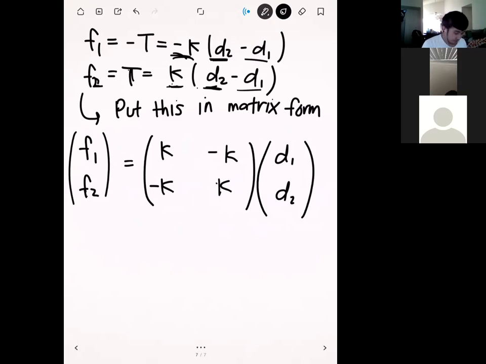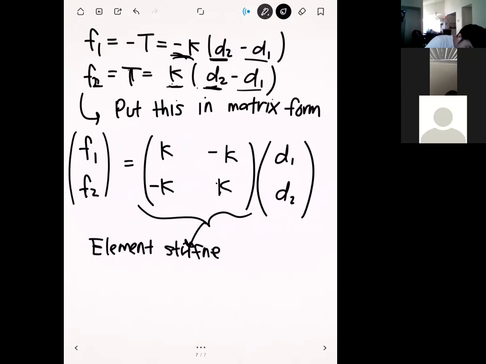Right? And so from this, we're able to extract here our element stiffness matrix. And so our element stiffness matrix for a spring is simply K, minus K, minus K, and K. Okay.